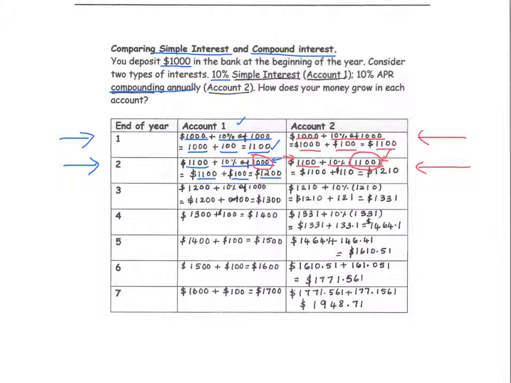If every year interest is calculated on the existing amount, that is what is called compounding annually. In a simple interest account, we do not earn interest on interest. Now, similarly, in year three, the same pattern continues.